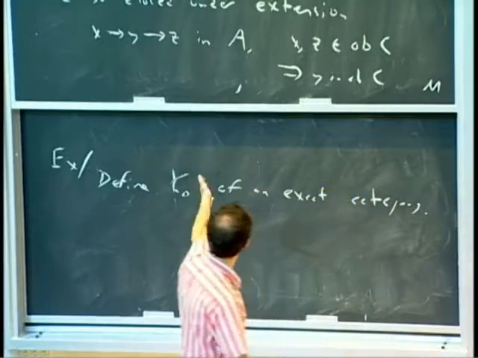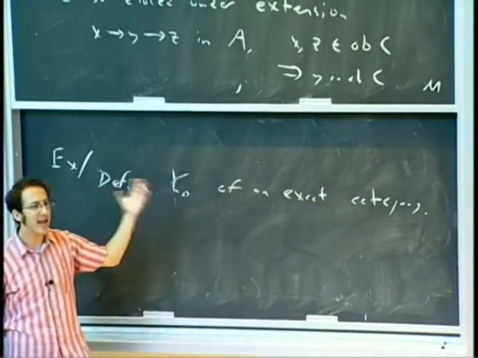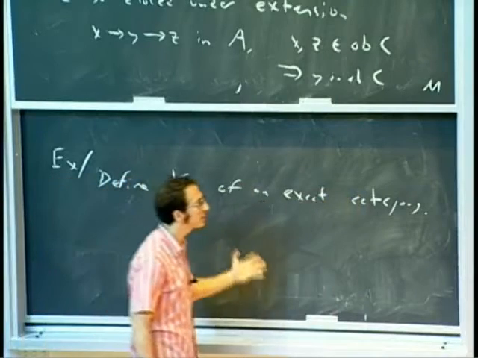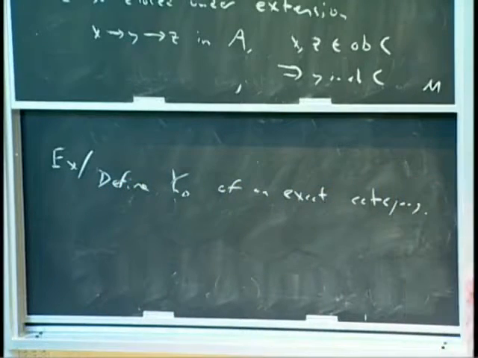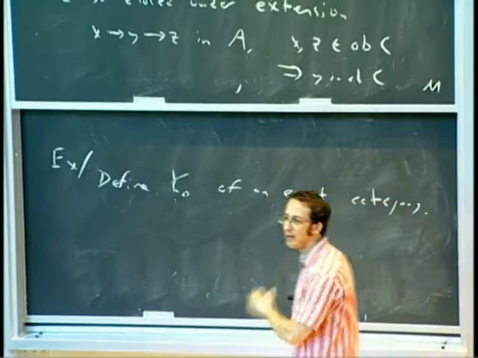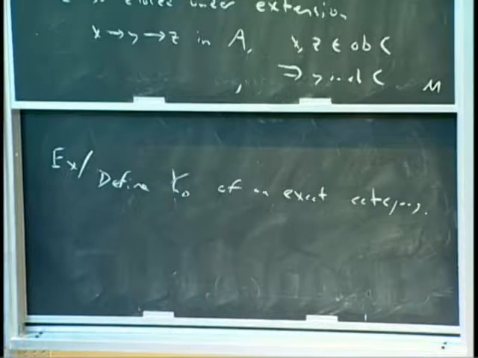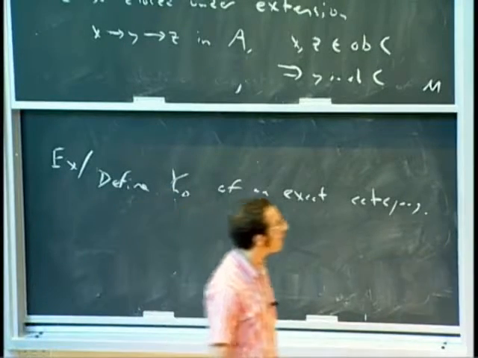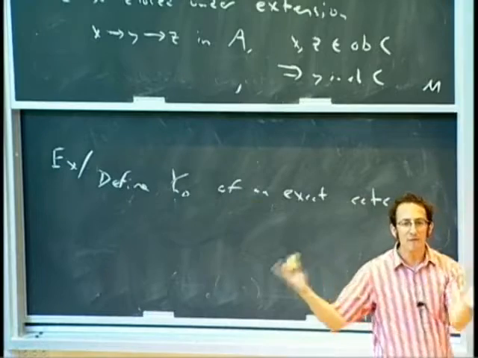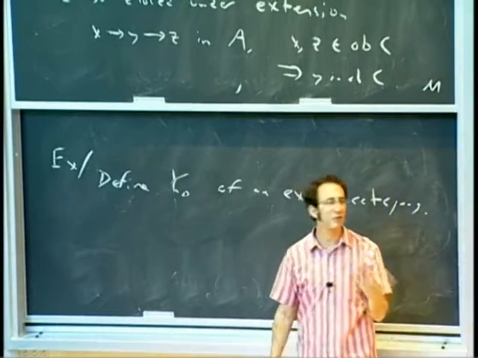And exact categories are wonderful. I should say that Quillen developed a very beautiful theory of the higher K theory of exact categories, which I encourage you, if you're interested in, to study. I'm not going to talk about it, however. Right, there's this great theory of the K theory of exact categories, but this is too algebraic.